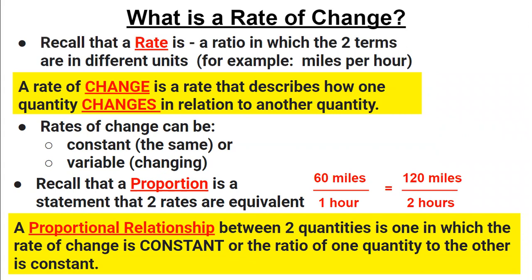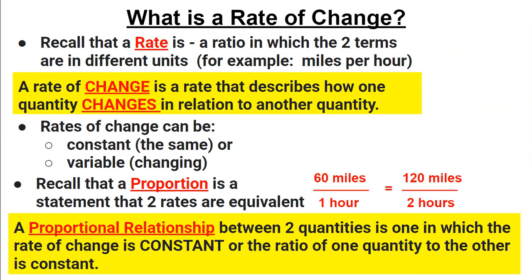Again, recall that a rate is a ratio in which the two terms are in different units, for example, miles and hours. Those are different units. A rate of change is a rate that describes how one quantity changes in relation to another quantity. Rates of change can be constant, we learned about that last time, or variable. They can change. We didn't see any real examples of that, but you probably did in your homework.